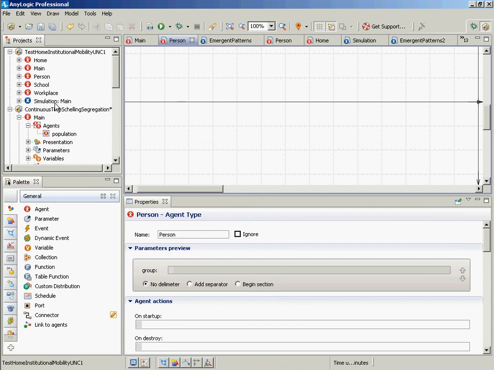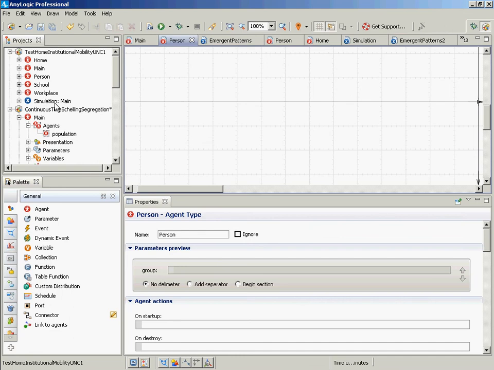Leveraging this and leveraging our existing familiarity with state charts, we linked up the state charts to the networks and had people communicate across the networks. And we did that through a mechanism known as messages. So one individual could send another individual messages, and there could be many message types within a given model.